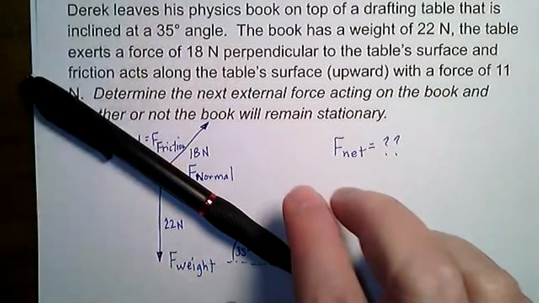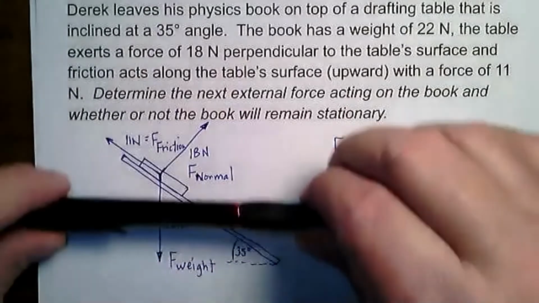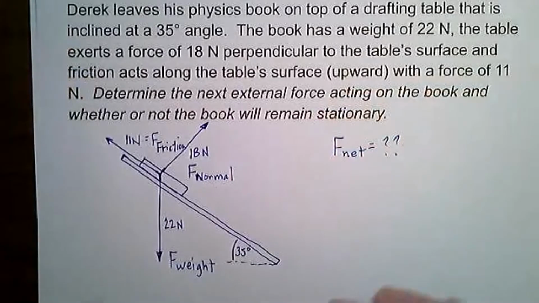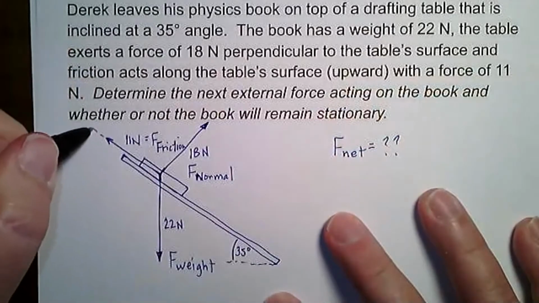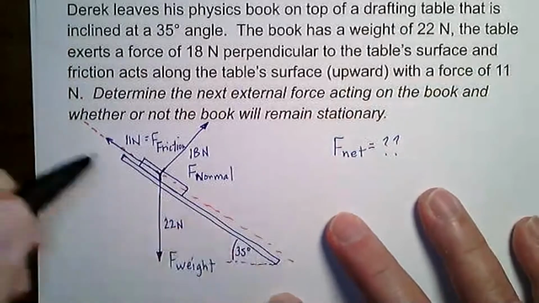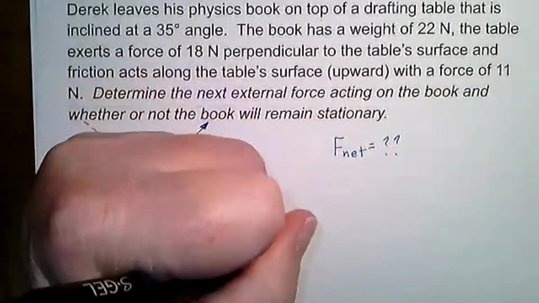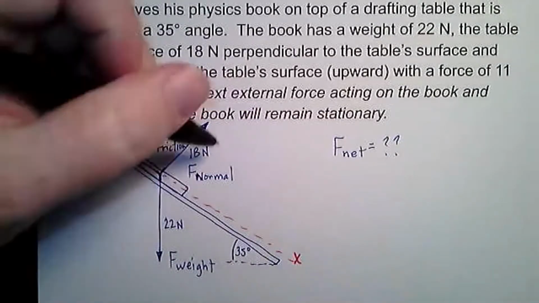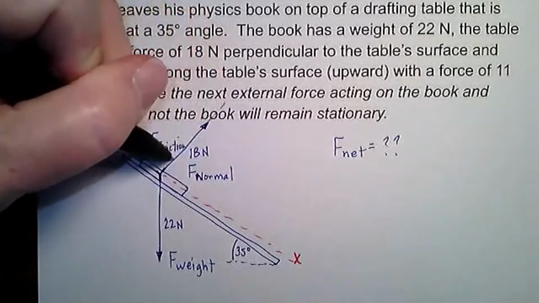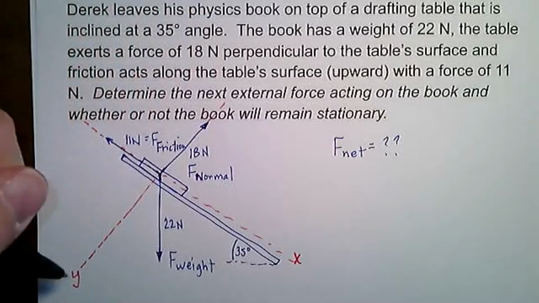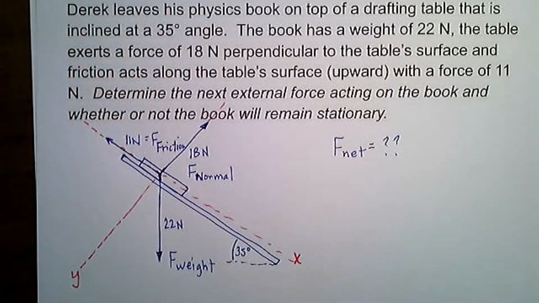And so the reason that we would rotate this coordinate system, so that instead of x lying like this, it actually lies like this, is to make this easier. So in red, I'm just going to put a dashed line here. And this is my new x, that's my x coordinate. And if I do the same thing here, that's going to be my new y axis.